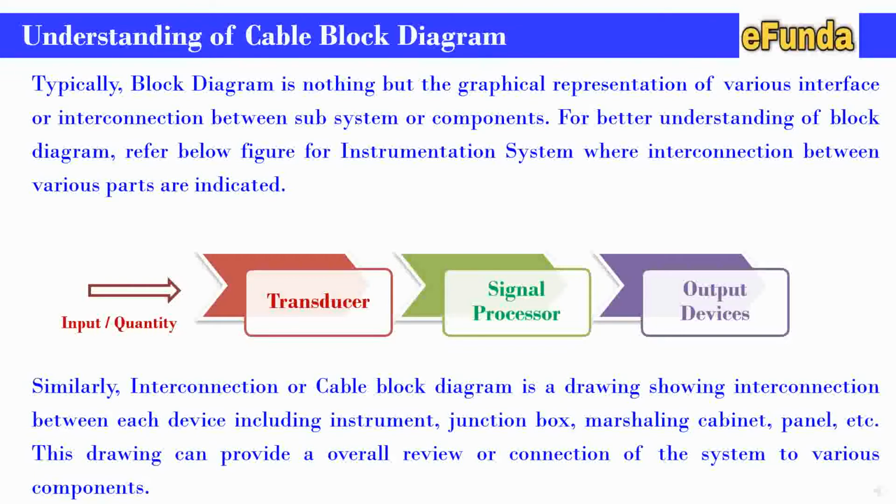Similarly, an interconnection or cable block diagram is a drawing showing interconnection between each device, including instrument, junction box, marshalling cabinet, panel, etc. This drawing can provide an overall review of the connection of the system to various components. So this is all about understanding of the cable block diagram typically. However, in the next slide we will cover details of the cable block diagram and its preparation.